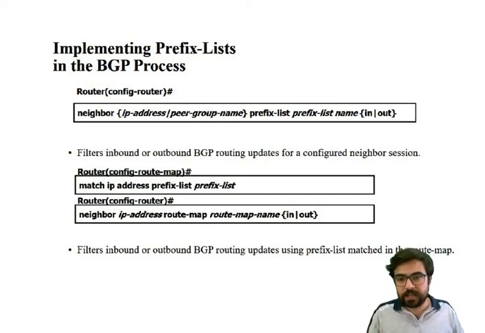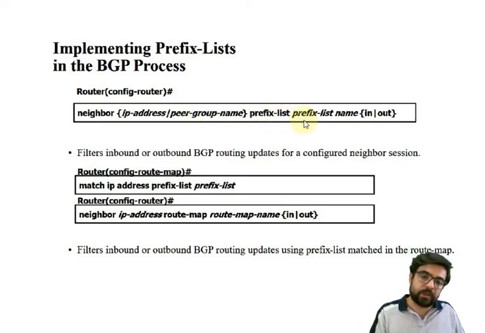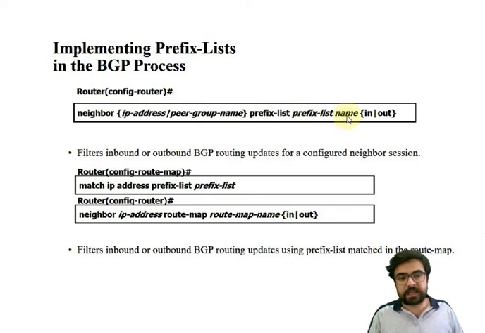So router bgp autonomous system number, neighbor IP address or peer group name, then prefix-list, the name, inbound or outbound. Or you can use this way: go to the route map and match the IP address prefix-list, and neighbor in or out.